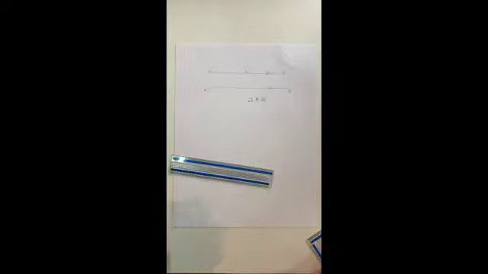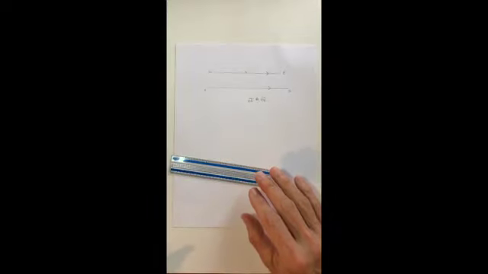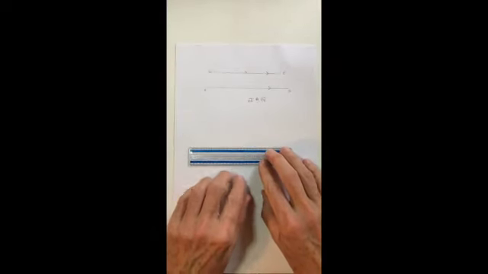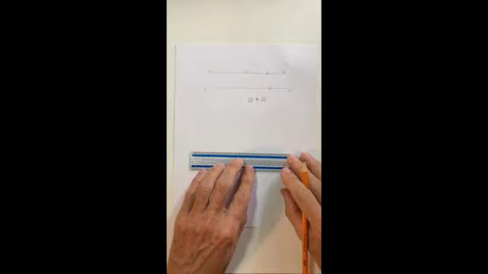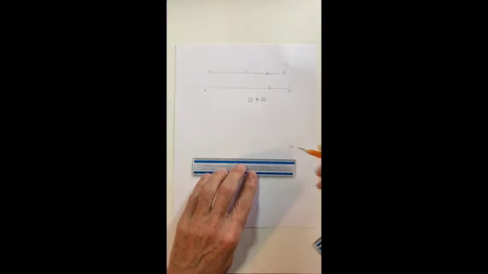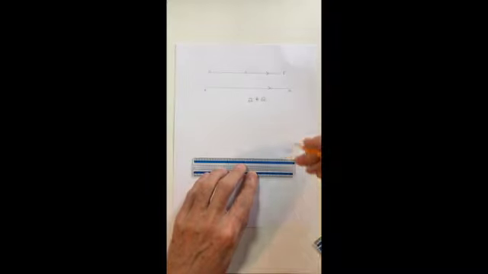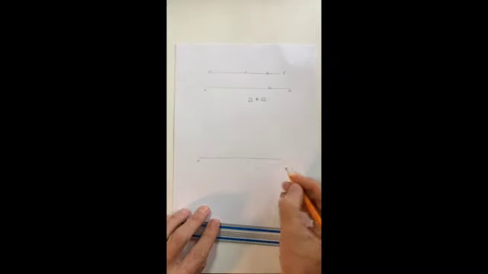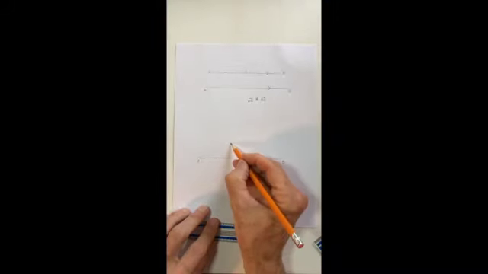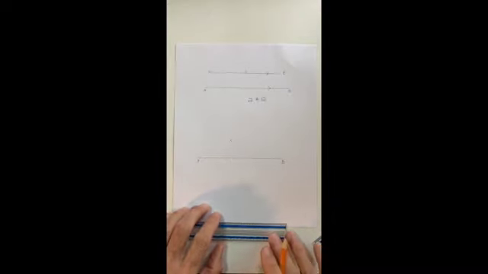Now we can also create parallel lines using our compass. It's a little bit more complicated, but I might as well show you. So let's begin with a line. Again, we'll call it line AB. And we want to draw a parallel line at point C, so at this distance away from line AB.